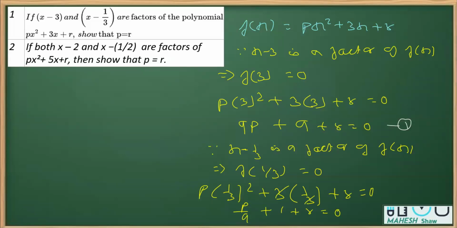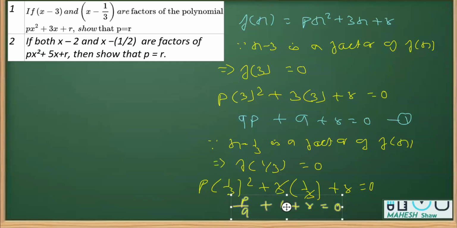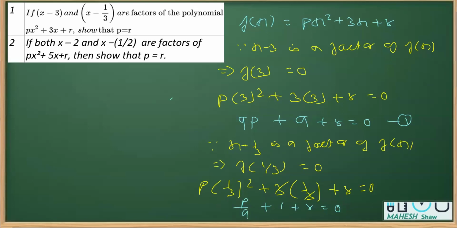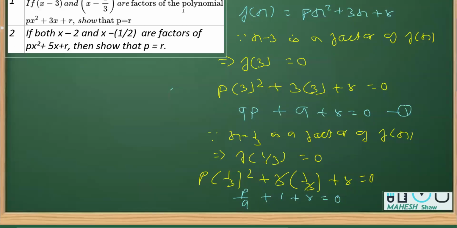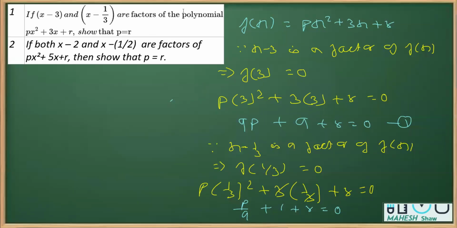So now you have to look at these two equations, equation 1 and equation 2. What you can see is that in both cases, the RHS is the same, that is 0. So from 1 and 2, I can equate these two.